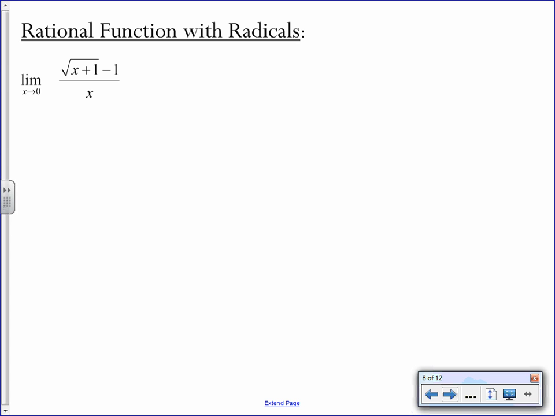So first of all, we have a rational function. Does our c value make our denominator 0? Yes. We cannot use direct substitution yet. However, we can multiply by the conjugate, which is the square root of x plus 1, plus 1.